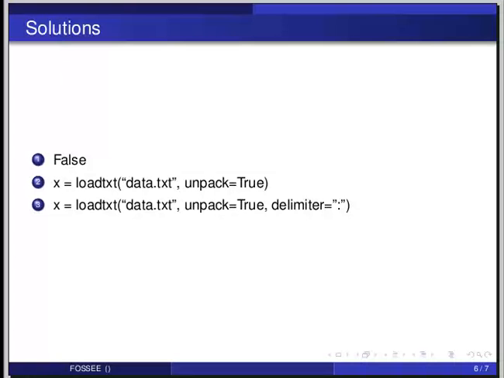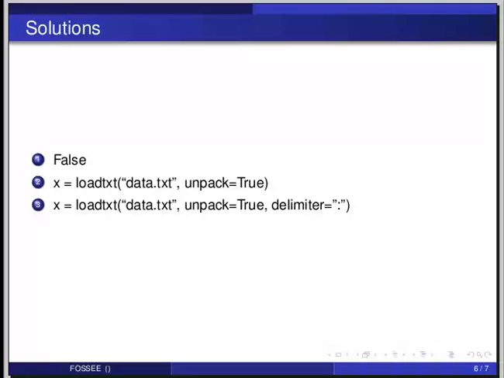We use the loadtxt command as x is equal to loadtxt within brackets and double quotes data.txt, comma, unpack is equal to true. And the third one, for a file with 3 columns of data separated by delimiters, we read it into 3 separate sequences by using an additional argument of delimiter in the loadtxt command.